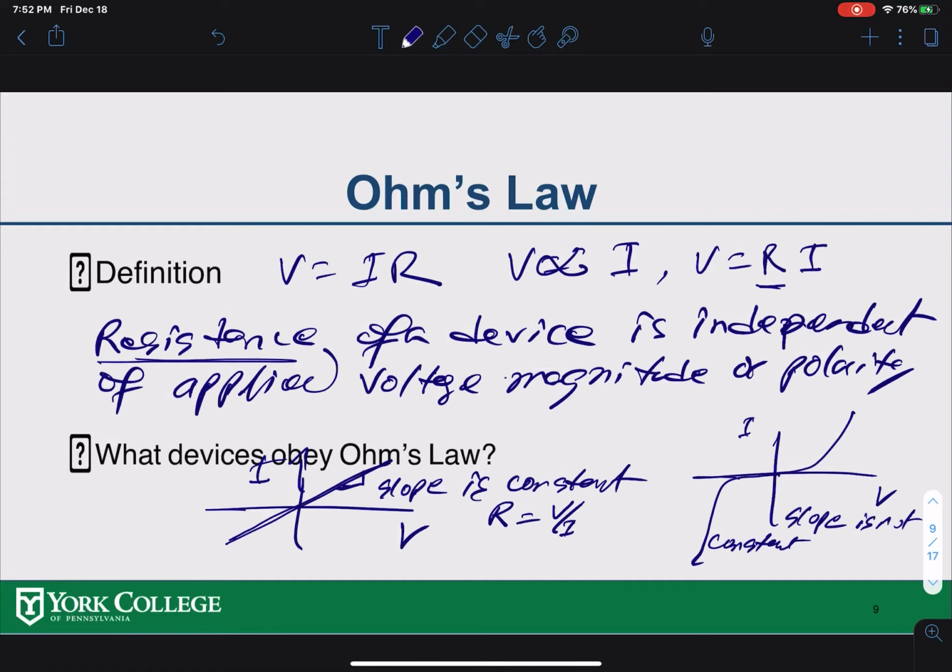That means this device does not obey Ohm's law. This one obeys Ohm's law. So to obey Ohm's law, your resistance value cannot depend on voltage polarity or magnitude.